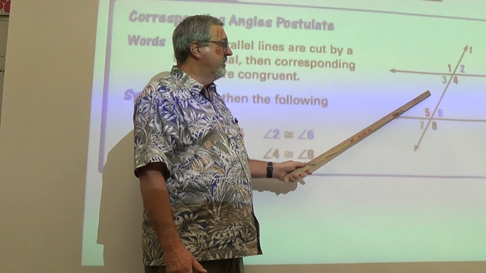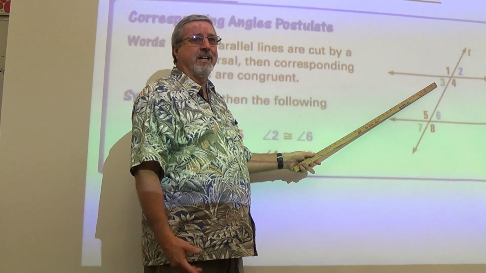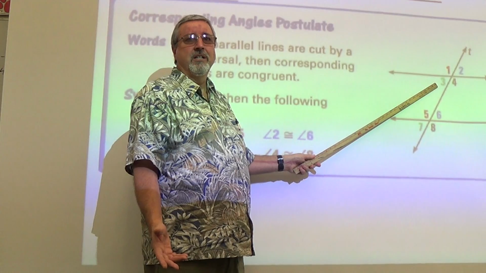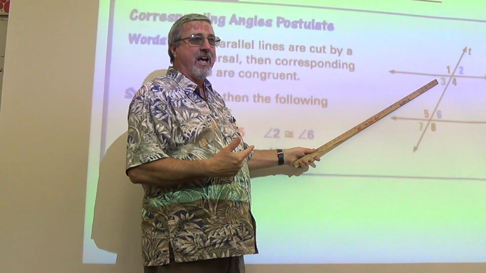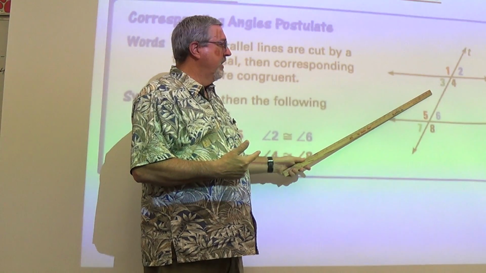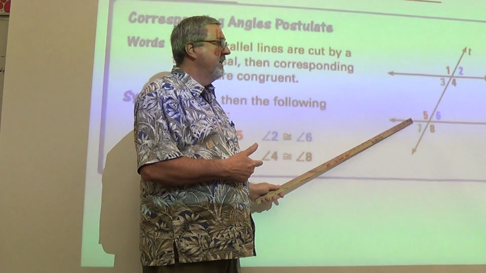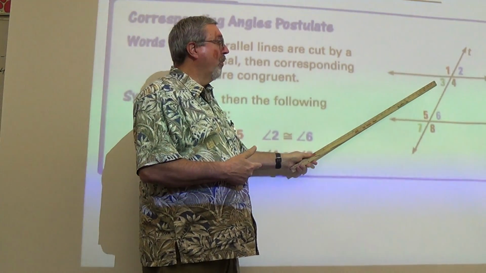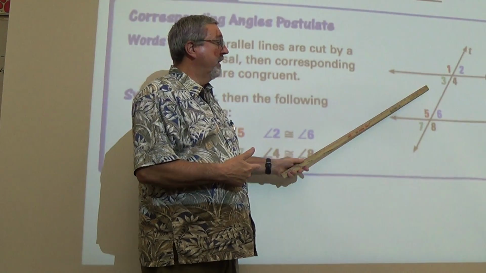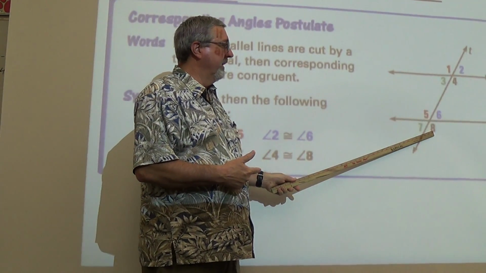If you look at 3 and 7, 3 is on the bottom left side of that transversal. I think I said right side last time, didn't I? Did I say left side? So 3 is on the left side of the bottom side of that parallel line. 7 is on the bottom side, left-hand side of that transversal. Same place, different line. Corresponding angles are congruent. Same thing with 2 and 6, same thing with 4 and 8.